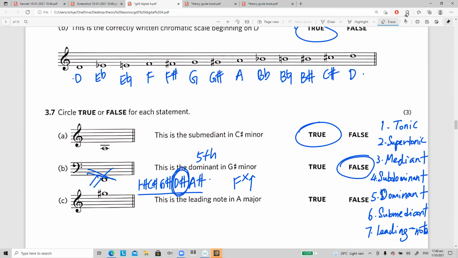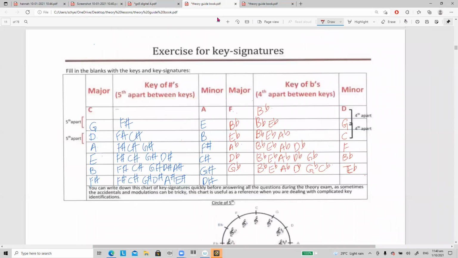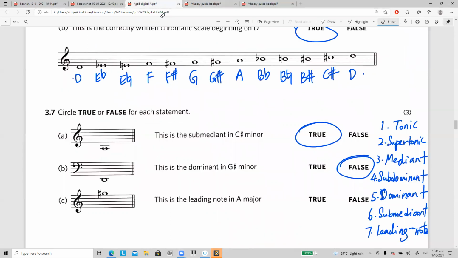Next one. This is the leading note in A major. Let's find out what key signature you have in A major. If you look at the chart, A major has 3 sharps: F sharp, C sharp, and G sharp.